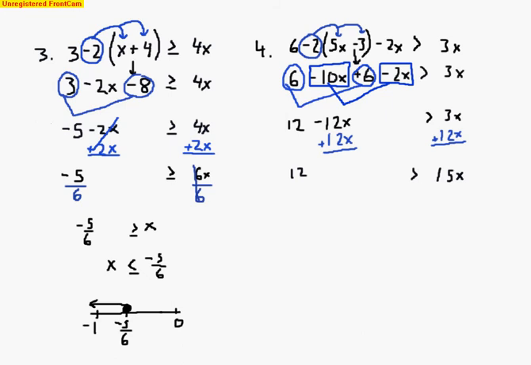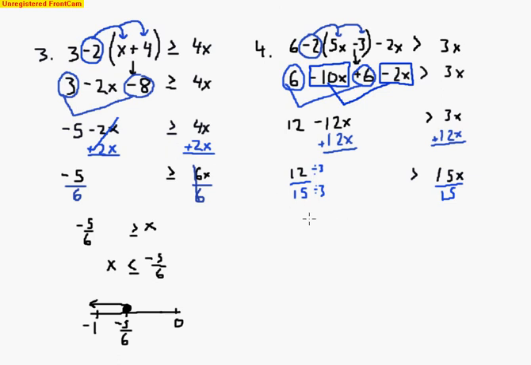Well, we've got one final step to get x by itself, and that's to divide by 15. So we're going to do that on both sides. Now, as I see this, 15 is bigger than 12, so that means I'm going to have a fraction. But what I want to do is reduce that fraction. So if I see a common factor, like I see 3 goes into both those numbers, I'm going to reduce it by 3.